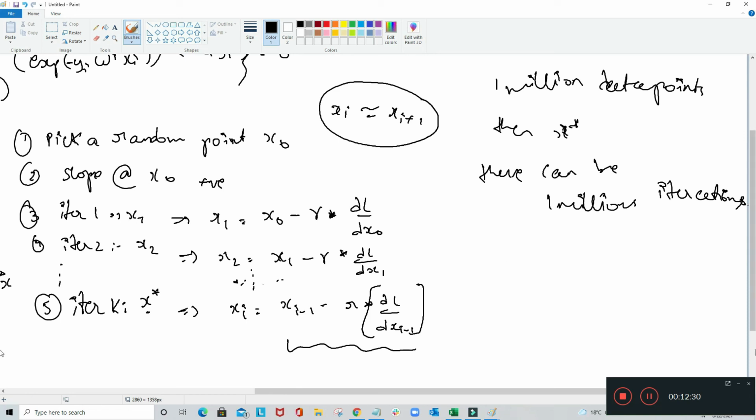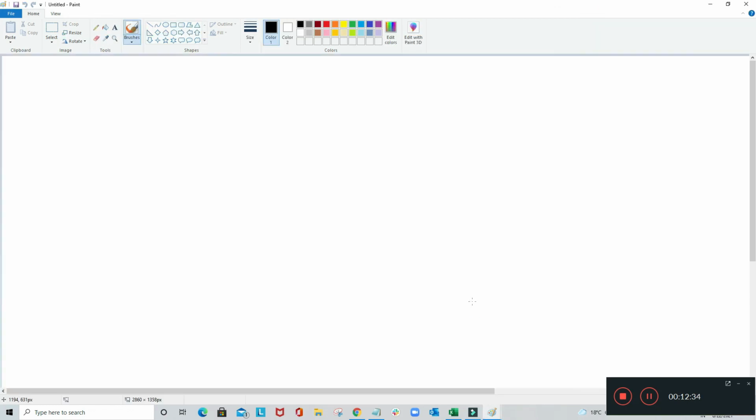So to overcome this issue, we have something called stochastic gradient descent.